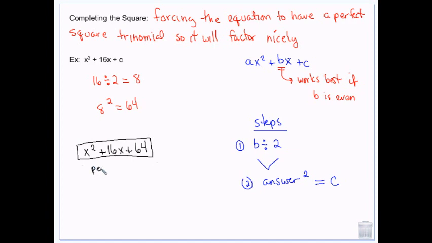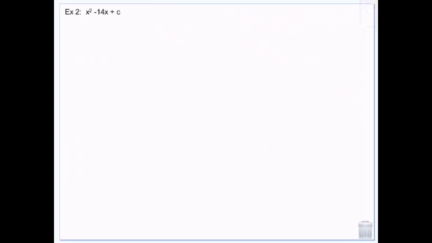This is now what we want. I'm going to take this, I'll keep the negative in there just so you know what it's going to look like. That's negative 7.